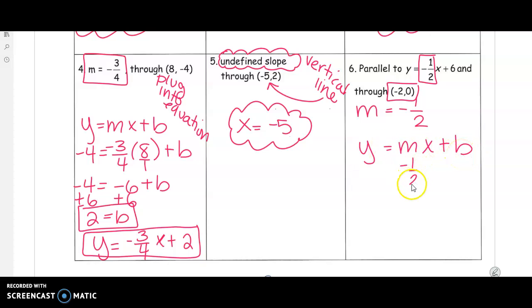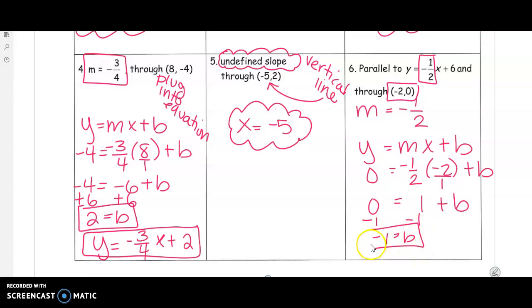M is negative 1/2, our x is negative 2, our y is 0. So we're going to solve this for b. Negative 1/2 times negative 2 is 1. Subtract 1, so b equals negative 1. So our final answer will be y equals negative 1/2 x minus 1.